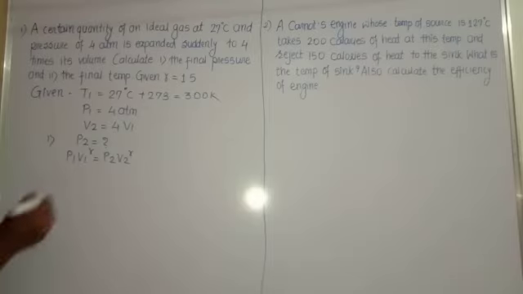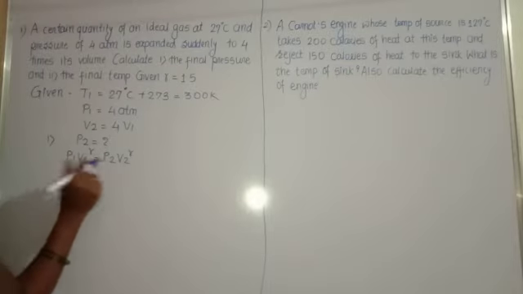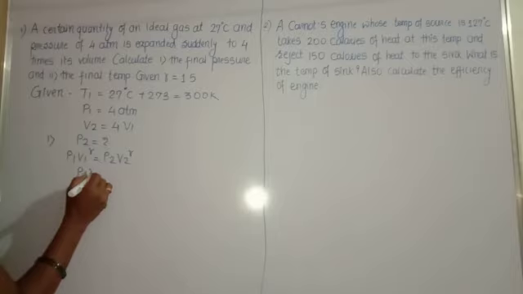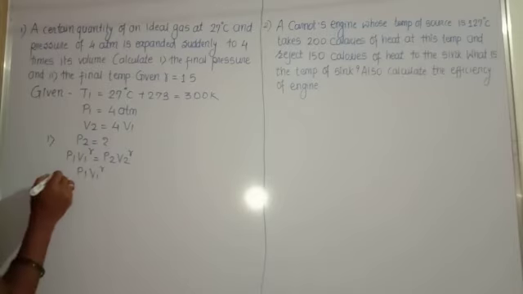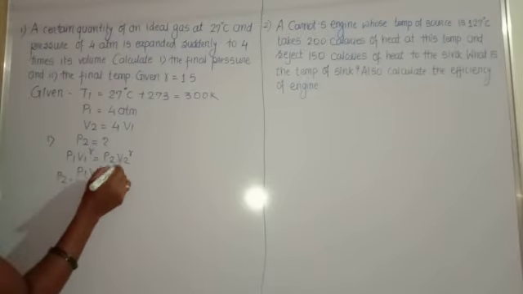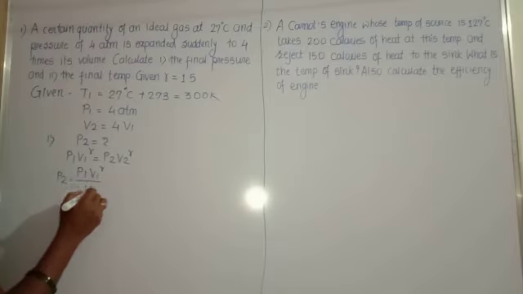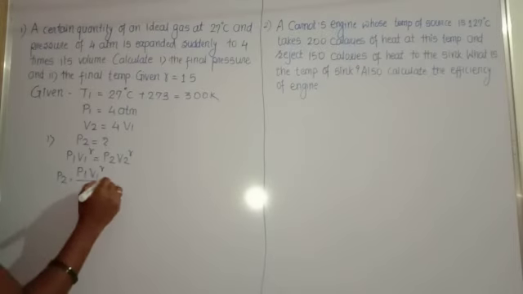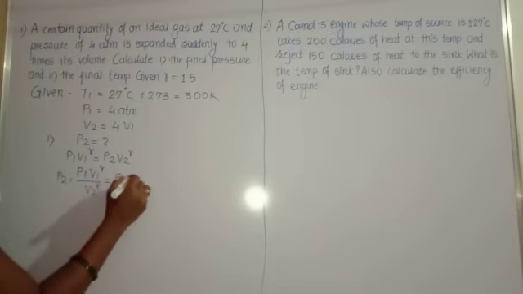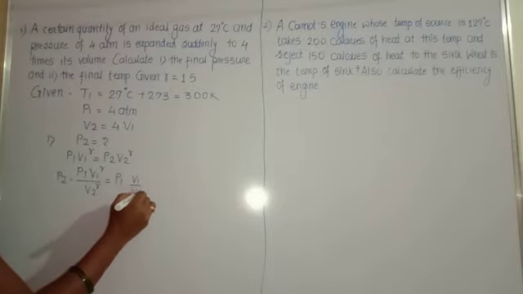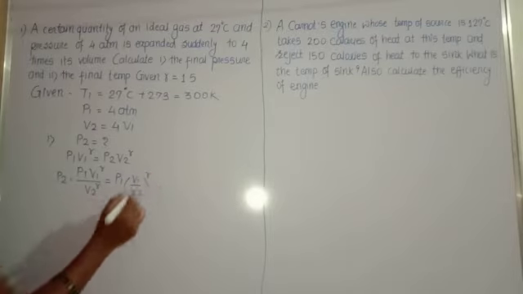We have to calculate P2, therefore P2 is equal to P1 V1 to the power gamma divided by V2 to the power gamma. So we write this as P1 times (V1 by V2) to the power gamma.